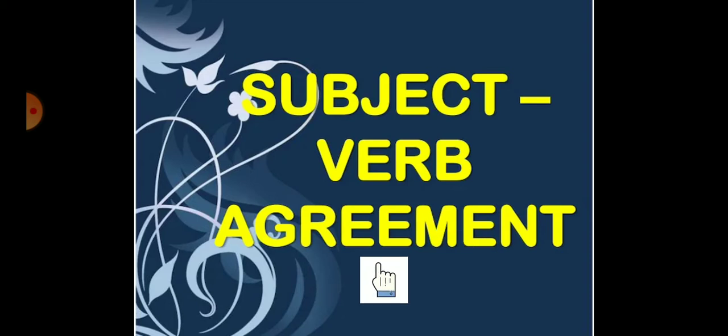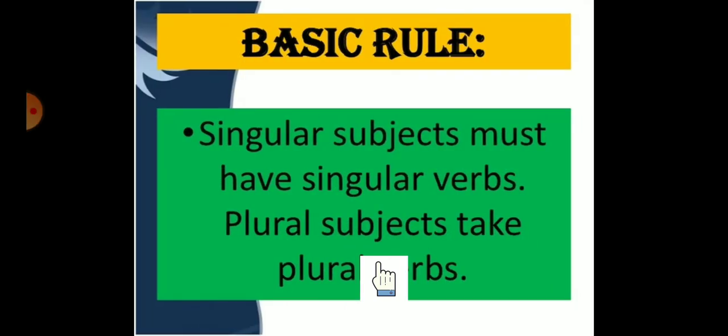This is what we have learned in the previous video, and we have discussed some rules of subject and verb agreement. How many rules? Yes, you are right, 12 rules, and I hope every rule is written in your notebook. And what is the basic rule?